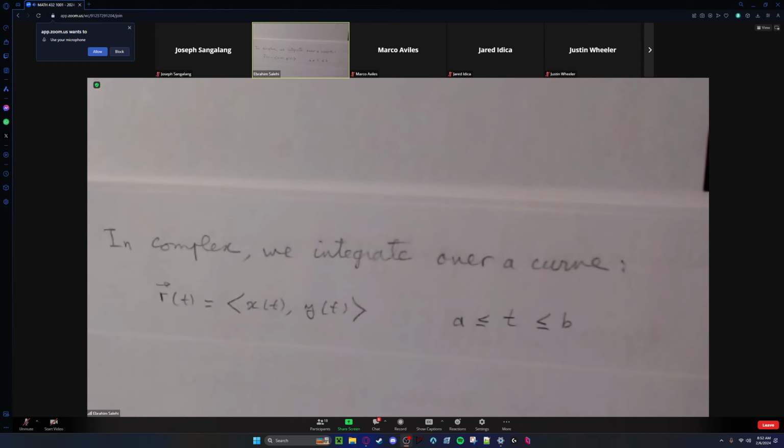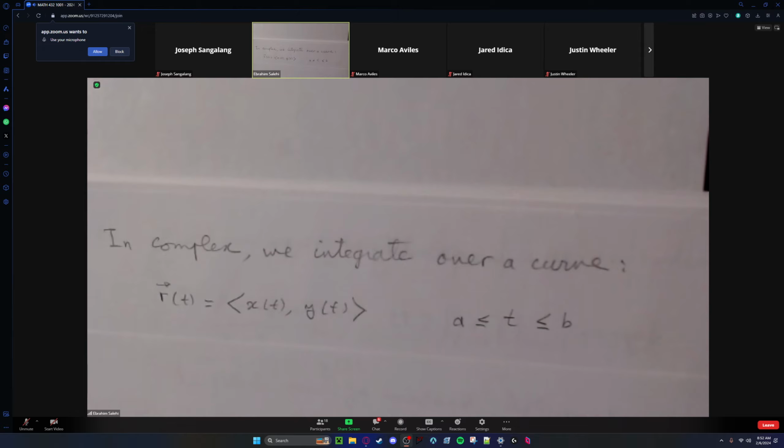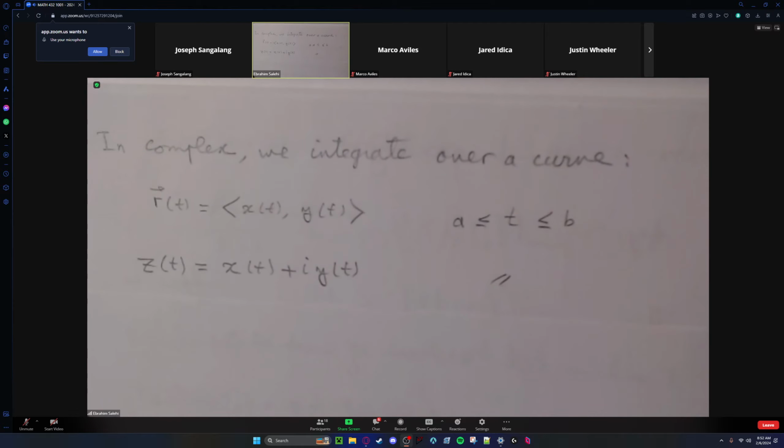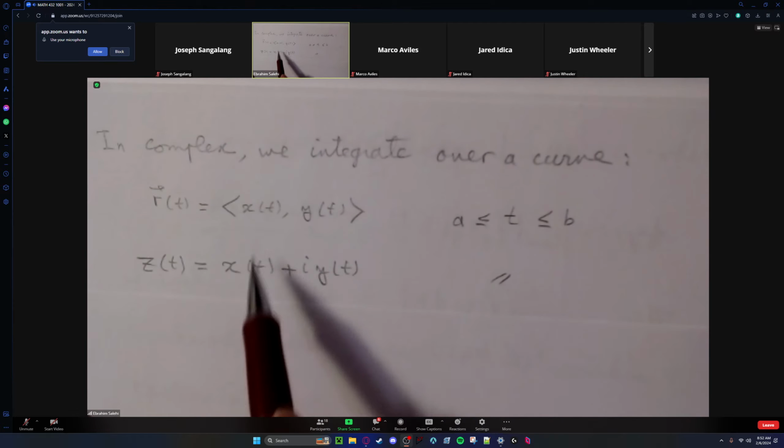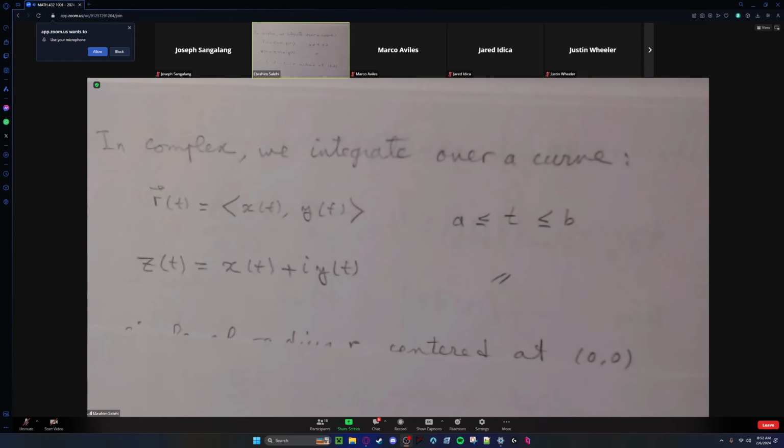You just join those ordered pairs, you will get a curve, all right? So sometimes we simply say z of t and write it this way, z(t) = x(t) + i y(t). So you have a curve.